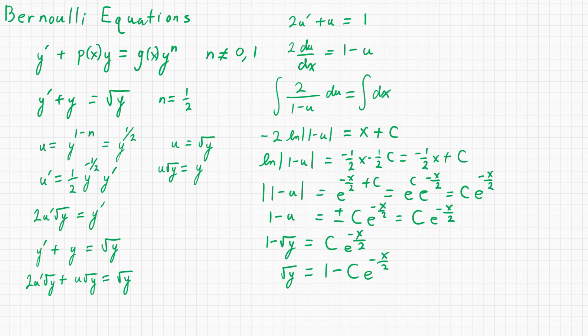Yeah, that looks right. And then to make it simpler, right, I have 1 plus c, just move that minus into the c, e to the negative x over 2. All right, then we're going to square both sides. So then y is equal to 1 plus c e to the negative x over 2, the whole thing squared. And this is the solution to the Bernoulli equation.